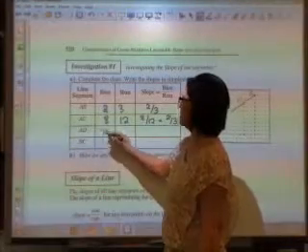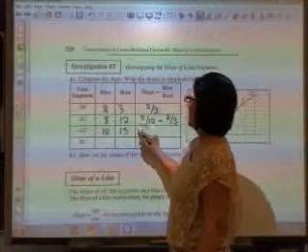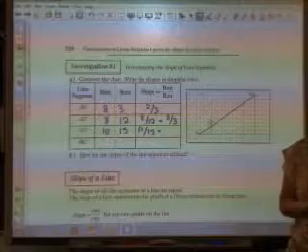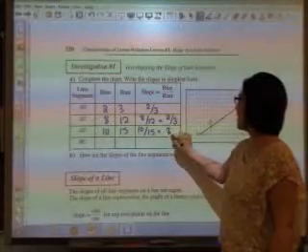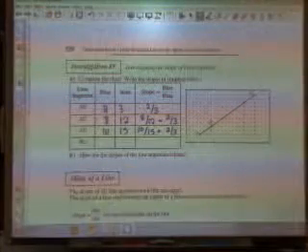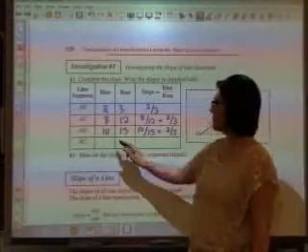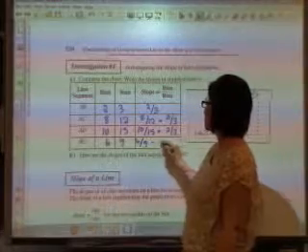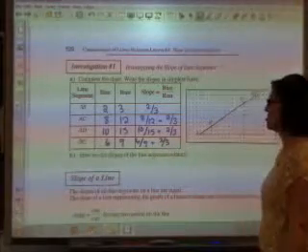What's the run? 15. And the slope of 10/15 reduces down to 2/3. And then line segment BC, what's the rise? 6. And the run? 9. And again, that reduces down to 2/3.